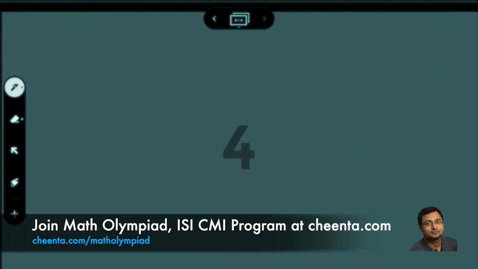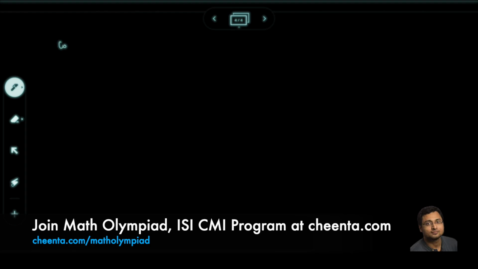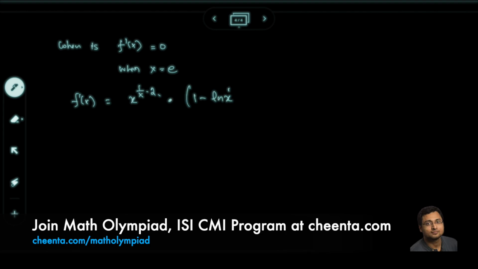So we found when f prime x, that is the derivative, is 0. Well, it's 0 when x is equal to e. And the first derivative is something exponential, x to the power 1 over x minus 2, times 1 minus ln x. This part is always positive.